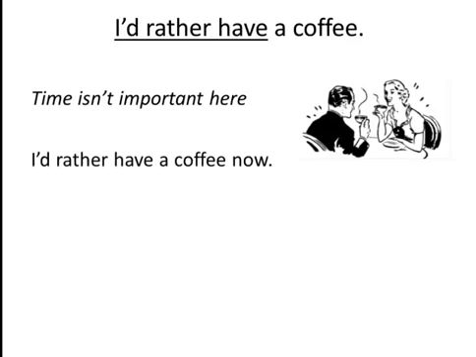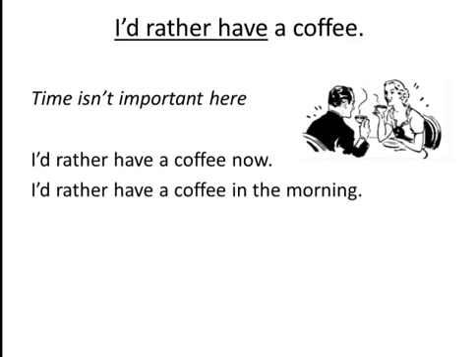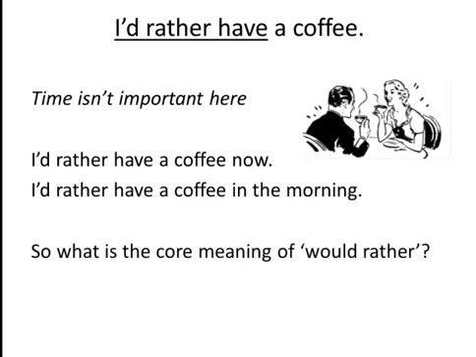So this could mean now, it could mean in the future, but there is another thing which is more important than when, about the would rather. So I'd like you to stop for a minute and think, what is it that would rather do something actually means?